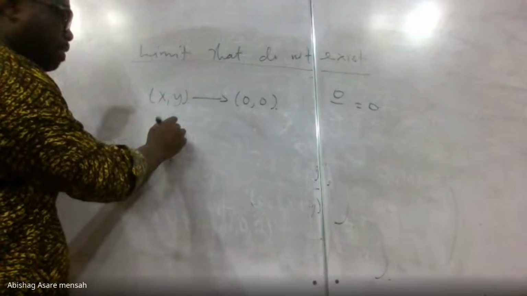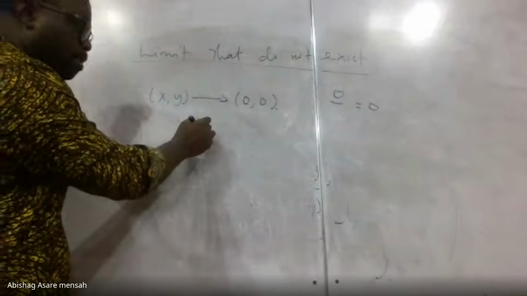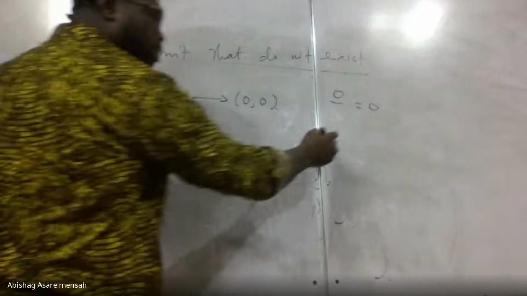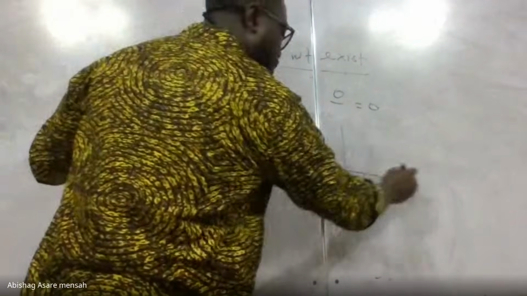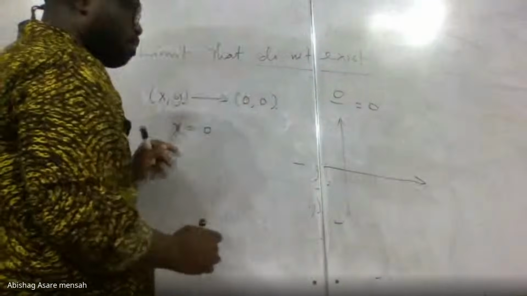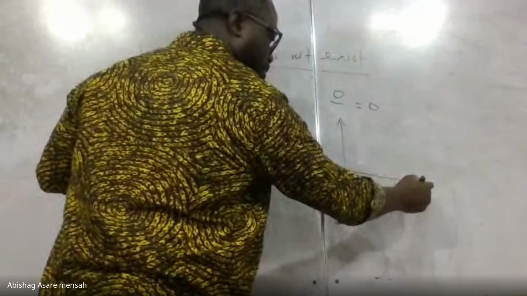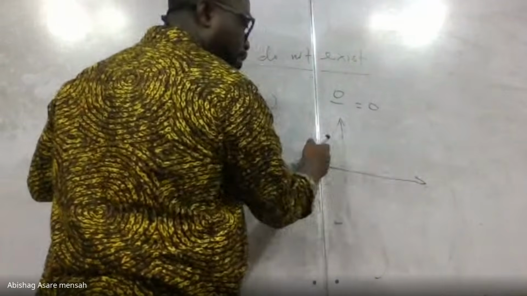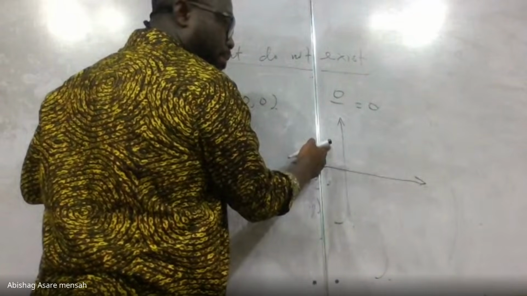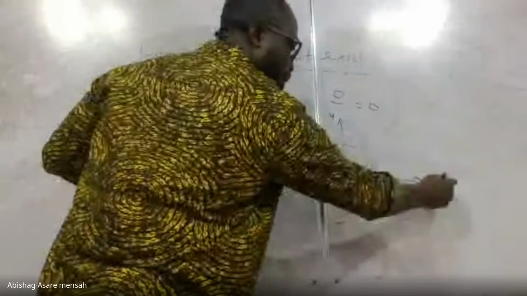First, you look at the behavior of the function when x is approaching 0. To illustrate it, we want to look at the nature of the function when the curve is moving towards the x-axis, and also when the curve is moving towards the y-axis. This is your y-axis and that is your x-axis.